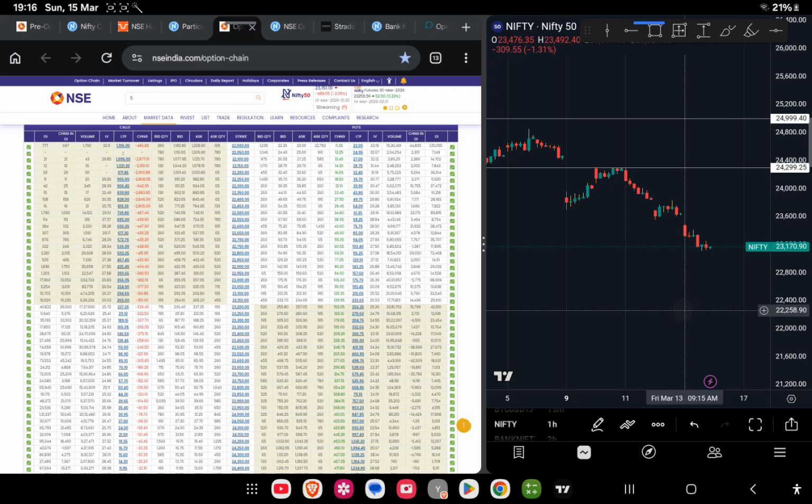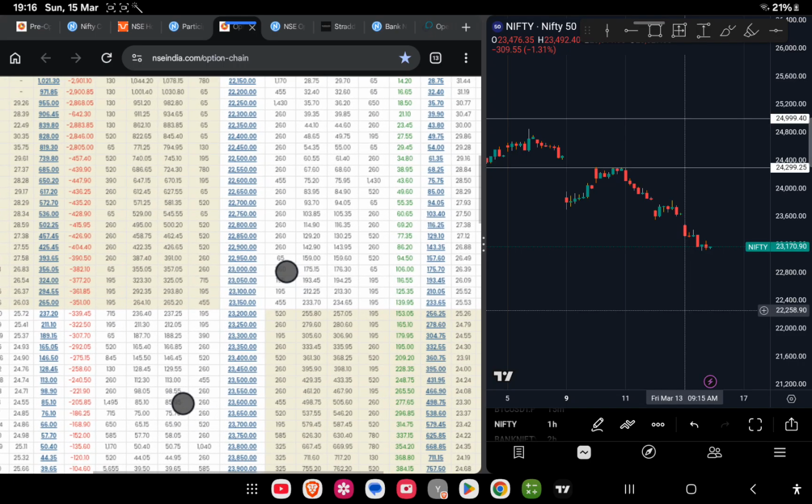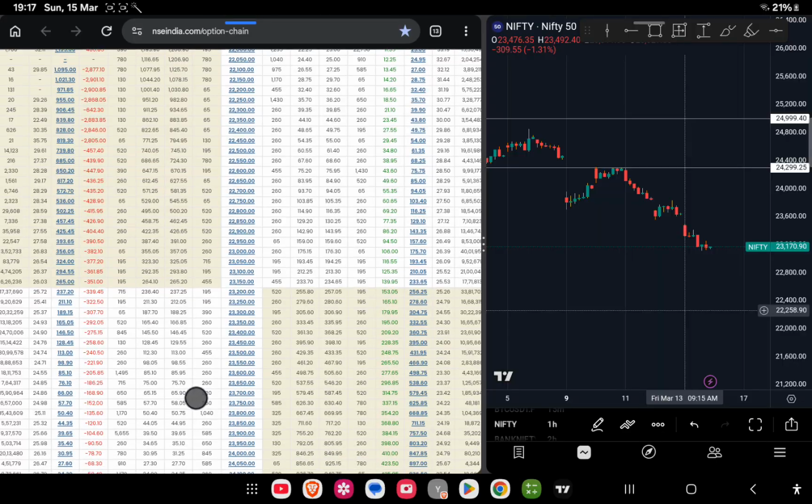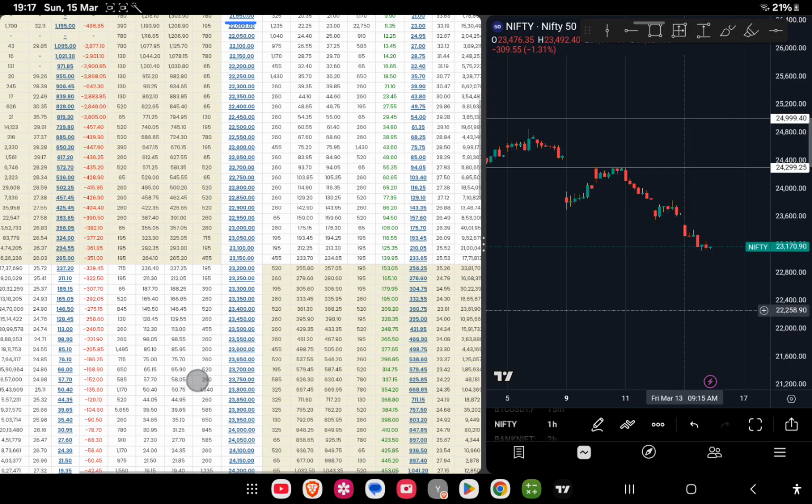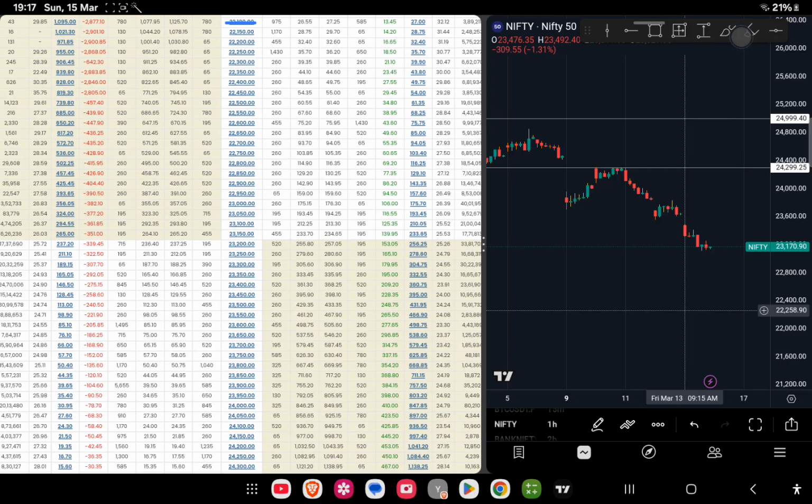It was a gap down, so you could clearly see 23,400. 23,500 was a very good support, and there is a breach here, so now the market is at 23,400. We'll keep that as our open ATM. You could clearly see where the close is, so the downtrend is confirmed.